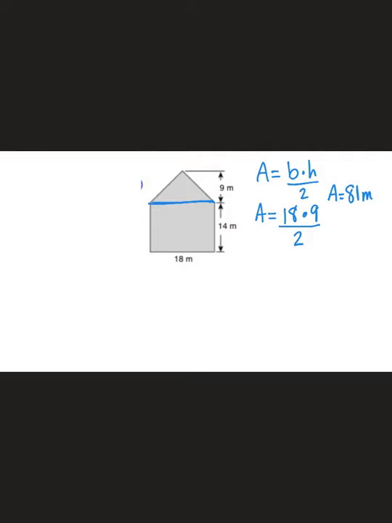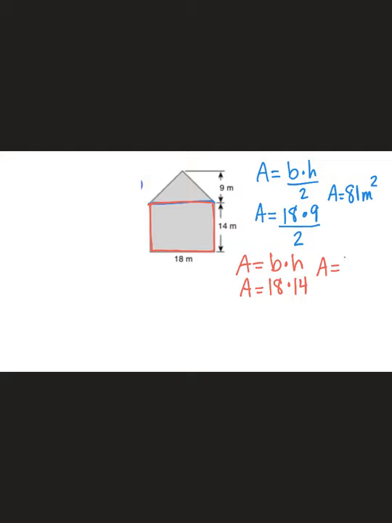81 meters squared. Now, that's not the entire shape, I know that I also still have this rectangle here beneath the triangle. So I need to find the area of the rectangle as well. So I want to find the area by multiplying the base times the height. And what is the length of the base of this rectangle? You can see it's 18 meters and the height is 14 meters. I can use my calculator to multiply the two together.